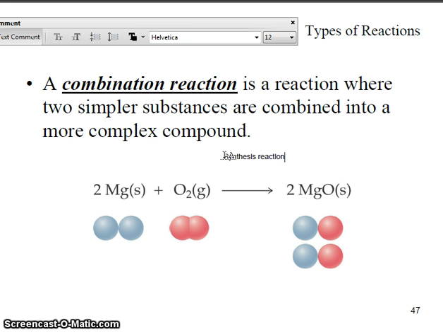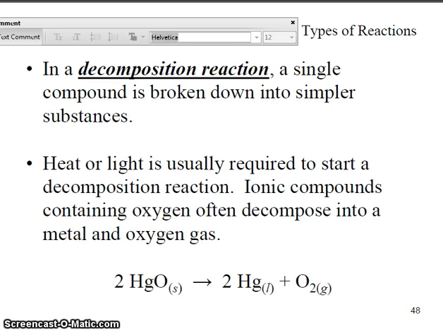A good way to identify that is you will see many reactants, and usually they will culminate in one product alone, only one product. The opposite of a combination reaction is a decomposition reaction. So you're going to begin with one compound and it's going to break down into simpler compounds upon action by heat or light.